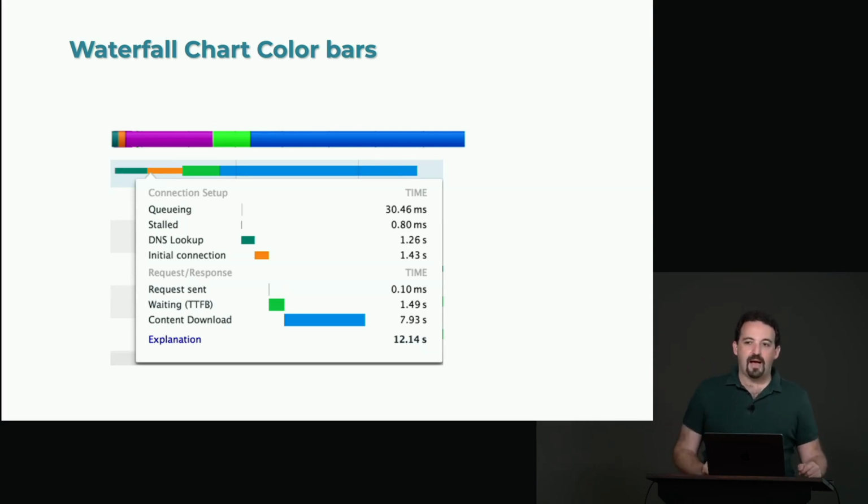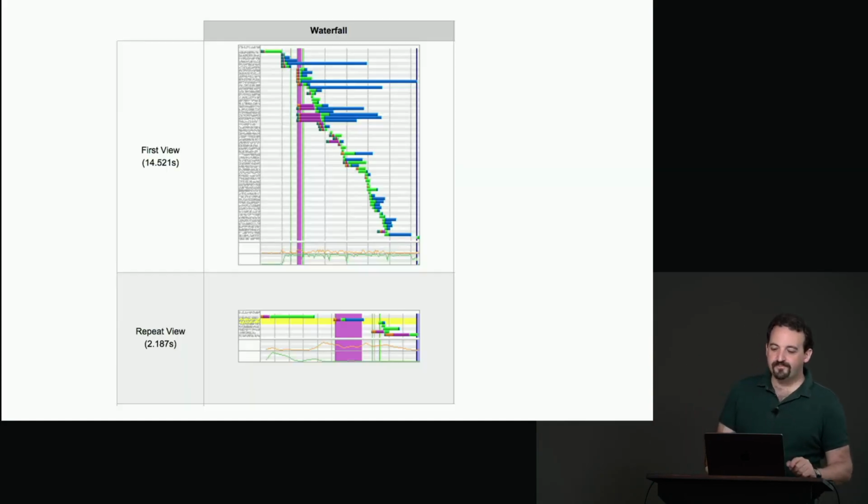For example, I'm requesting a page. The first step is the request, so I'm waiting for the server to respond. Then the server responds, and then I'm downloading the file. Make sense? I'm downloading the bytes over the bandwidth. And when I have the file, I need to parse the file. Each step will be a different color in the bar, so you can recognize what's going on.